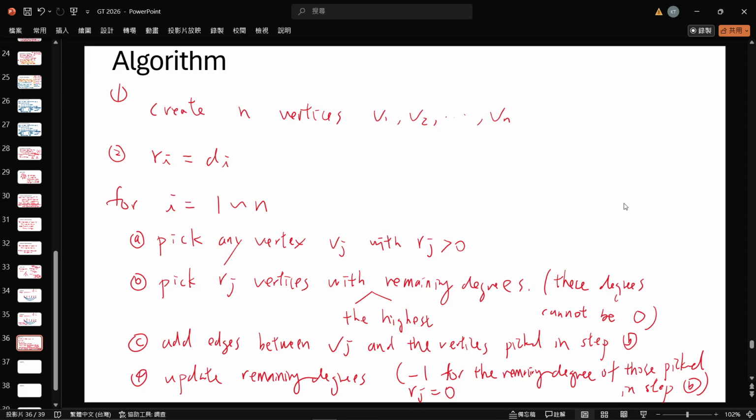So the most important step is step B. If we cannot successfully choose Rj vertices in step B, we will output no, it's not graphical.